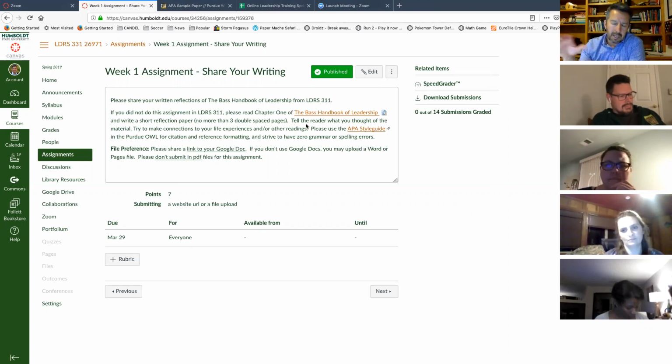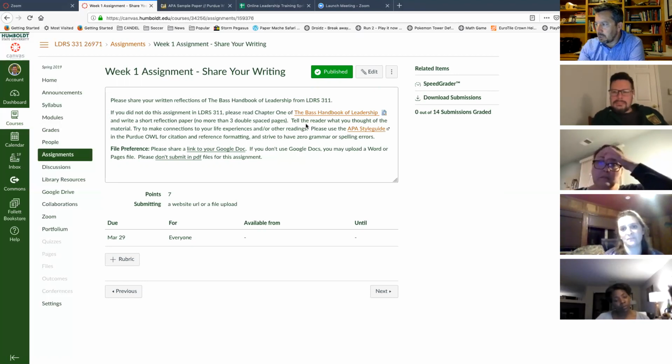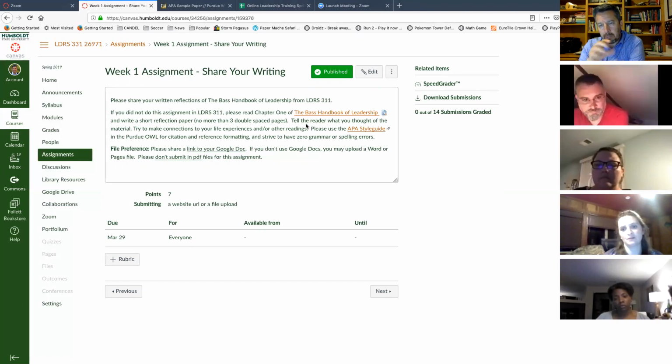I think the reason I had this in there, and it was originally the intent, was it was a paper that you had already submitted to the Leadership Studies program as kind of a finished piece, and I think I've lost that in this go around. But would that be helpful if I opened it up to different papers? Did you have any longer papers in 311, or was it just discussion posts?